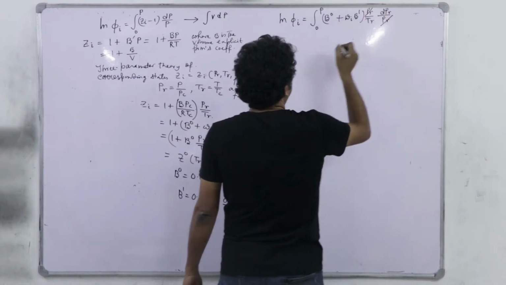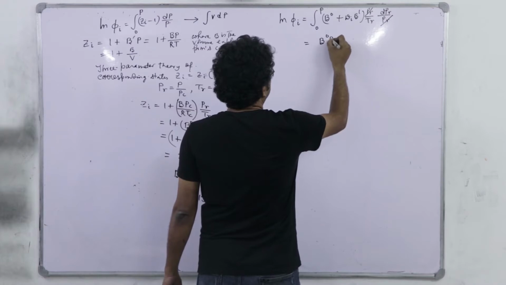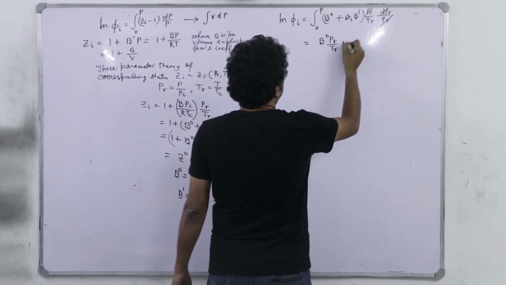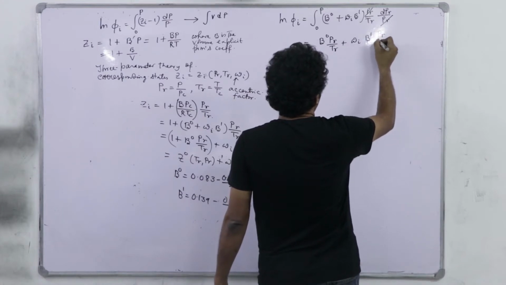So, we get B0 into PR by TR plus omega i B1 PR by TR.